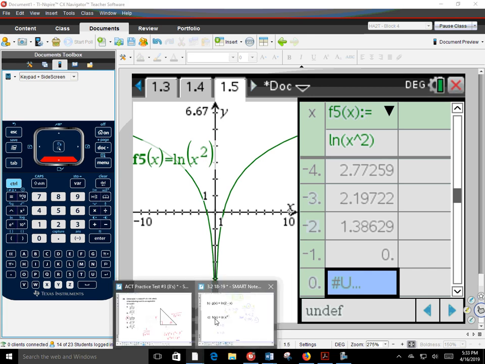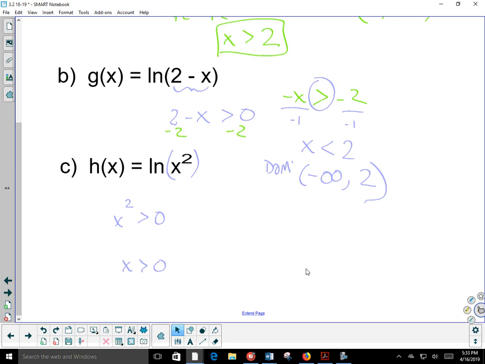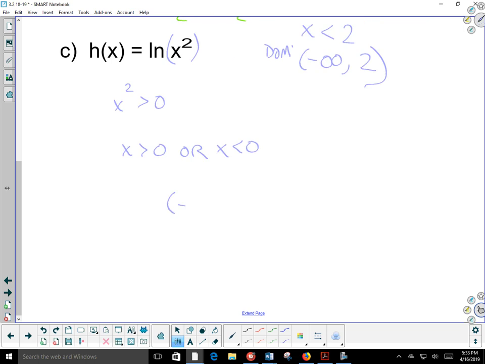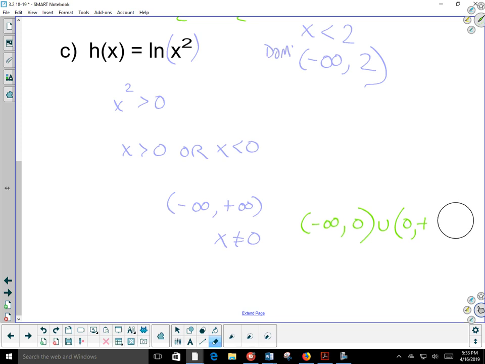So in this case, I think we're going to have to say that the domain here is x greater than 0 or x less than 0. So we could say this is negative infinity to positive infinity, but x cannot equal 0. Or even better, in interval notation, we could say negative infinity to 0 with a parenthesis, union, parenthesis 0 to positive infinity.